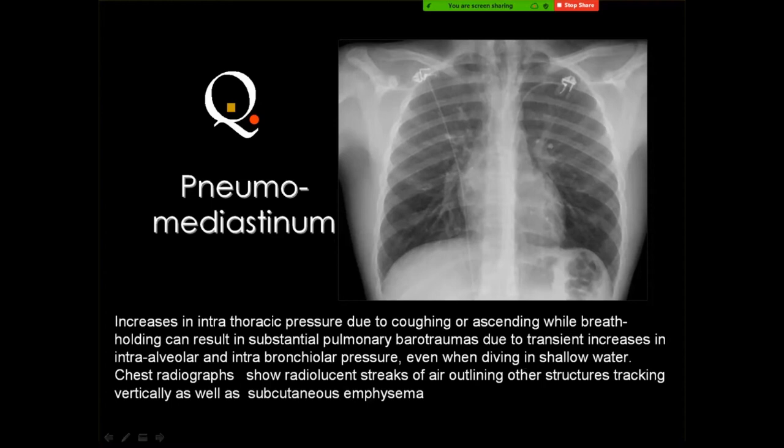Then you look for the other sign, the continuous diaphragm sign, because you cannot see air in the mediastinum because of the adjacent lung. But if you want to diagnose pneumomediastinum easily, look at the neck of the patient. If you see linear air shadows alongside the trachea, then you should think of pneumomediastinum.